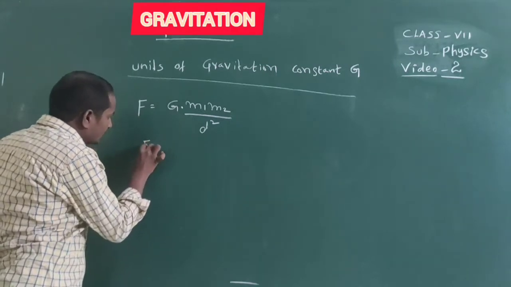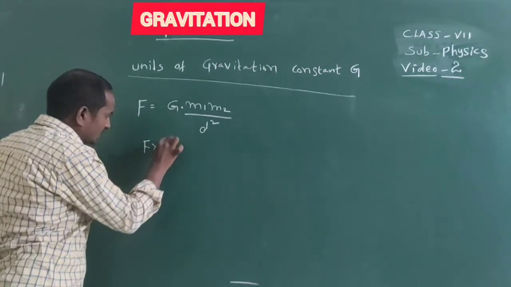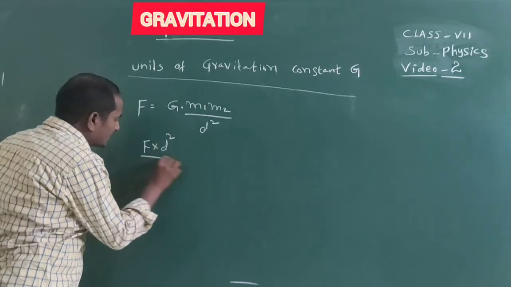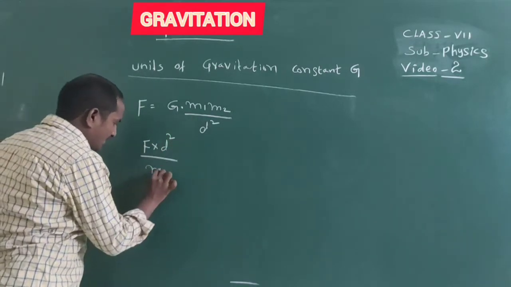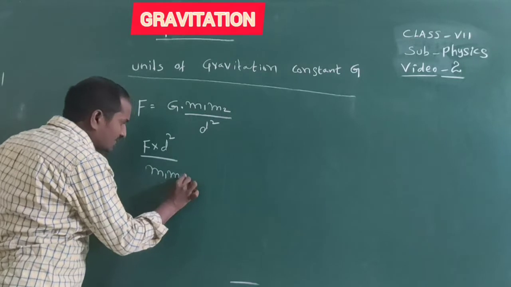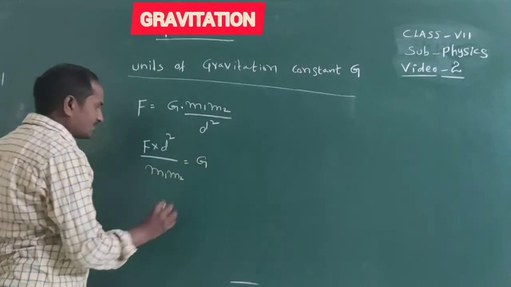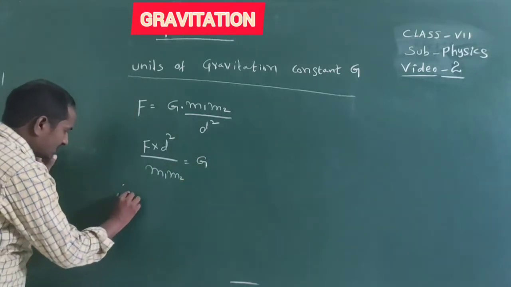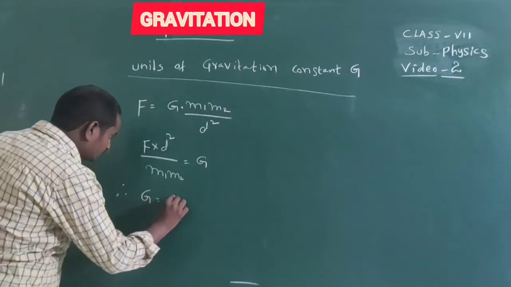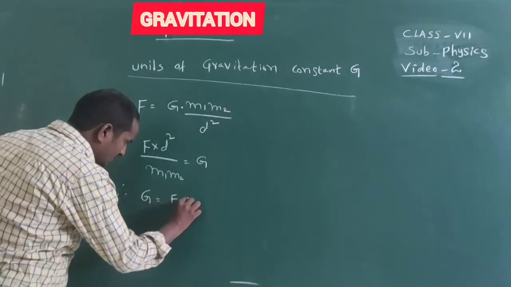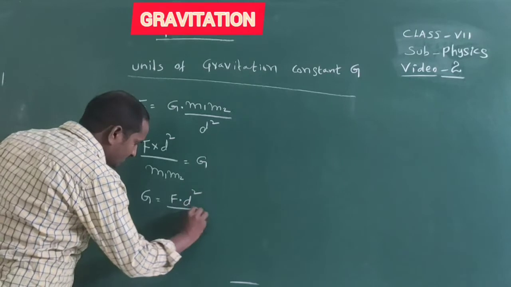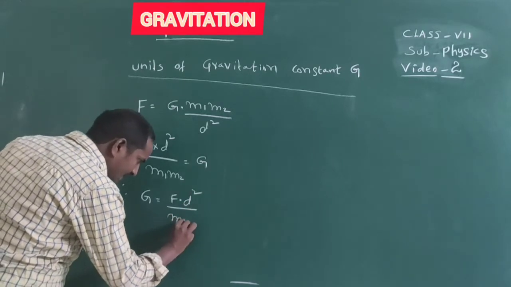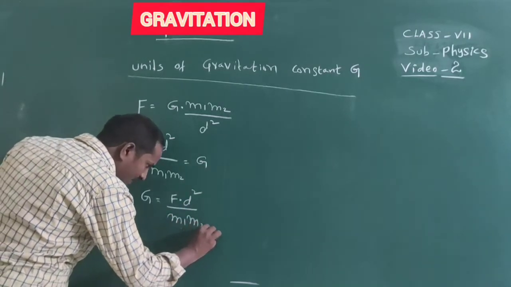F into d square by m1 into m2 equals G. Therefore G equals force into distance square by mass m1 into mass m2.